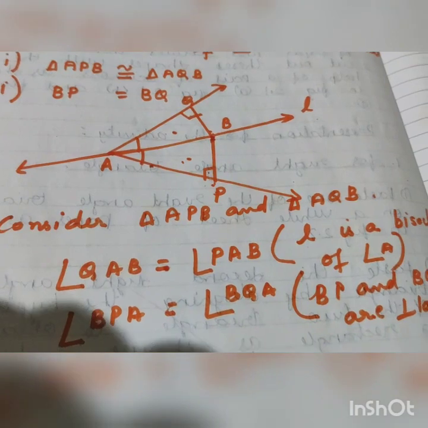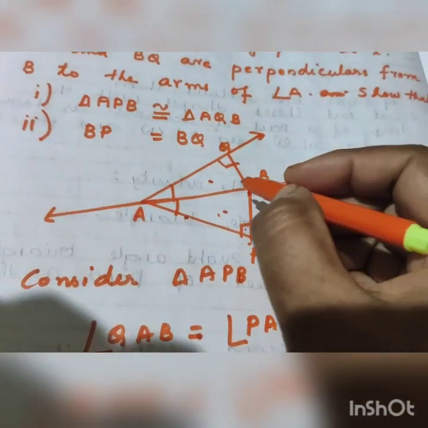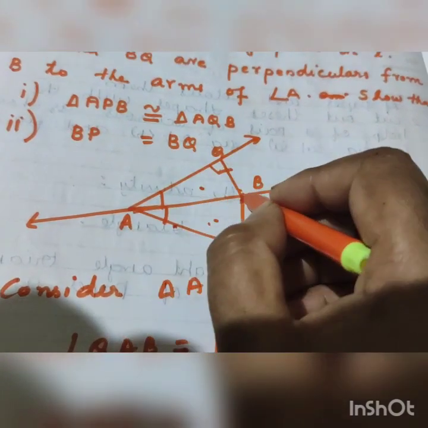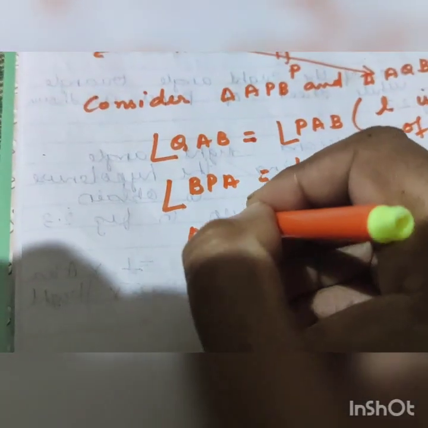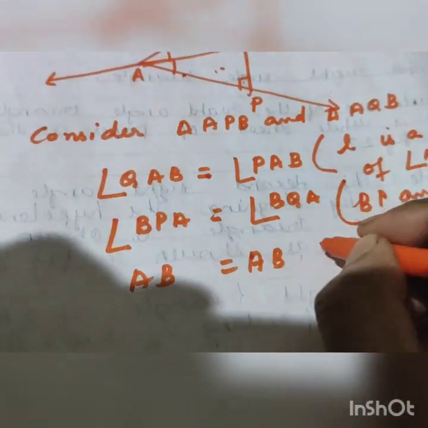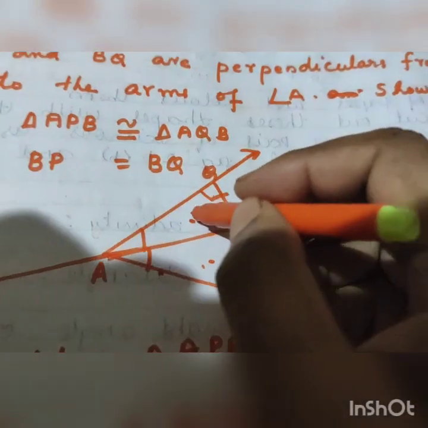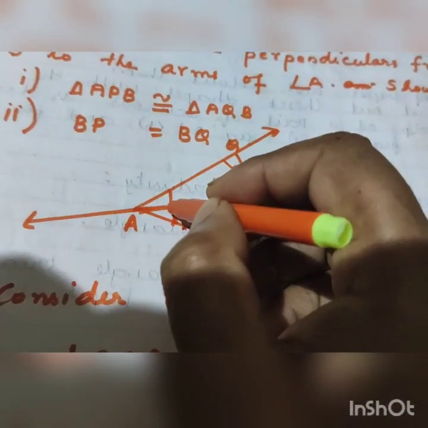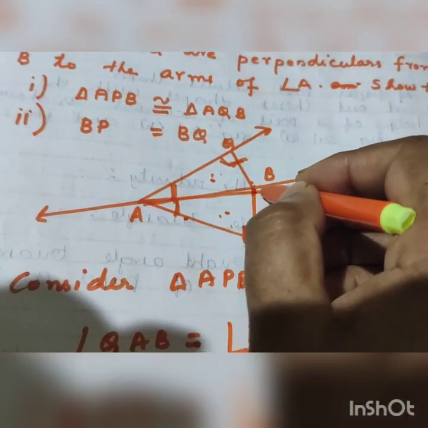Then, which is the third equal part of these two triangles? We can observe that in these two triangles, AB is common. So, we can write AB is equal to AB, common. So, in these two triangles, these two angles are equal, these two angles are equal, and this one is common.